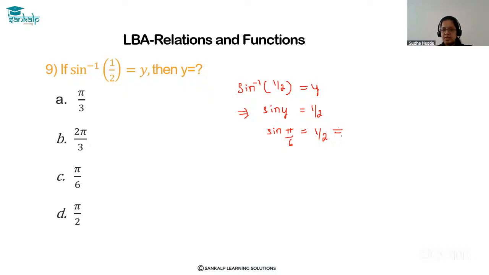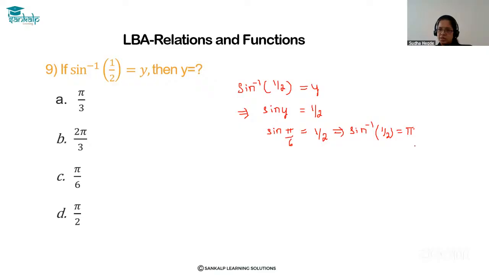Therefore, sine inverse 1 by 2 is equal to pi by 6. That implies y is equal to pi by 6. That is the required answer.